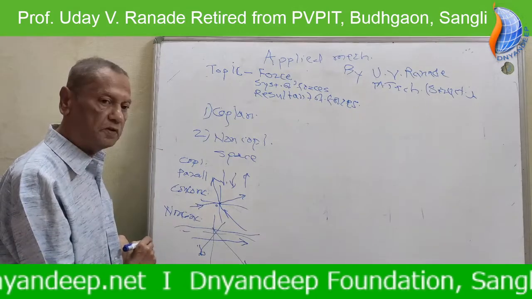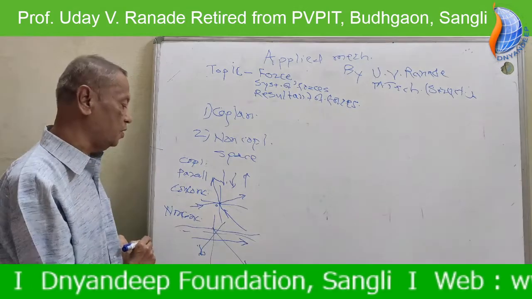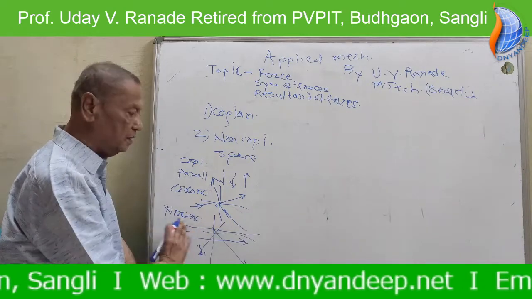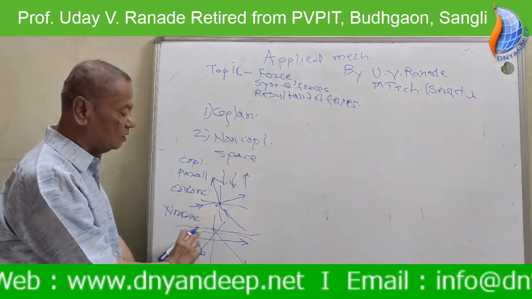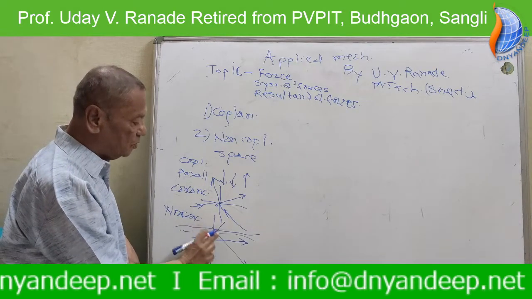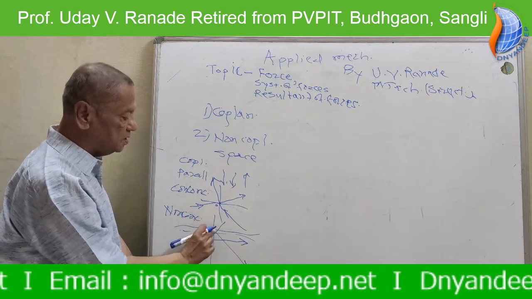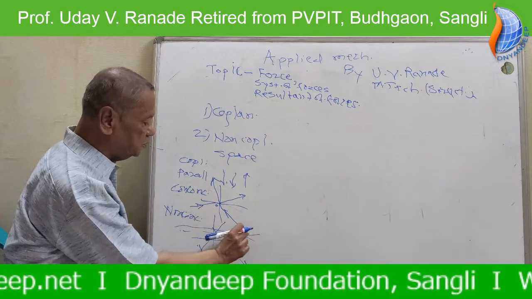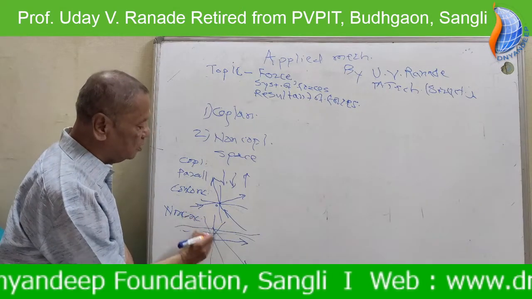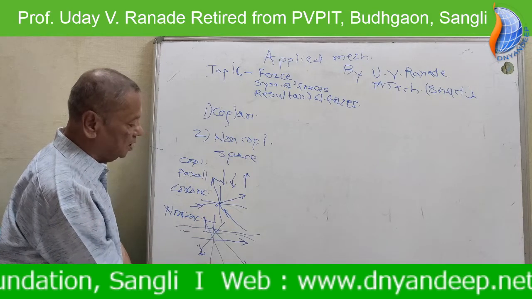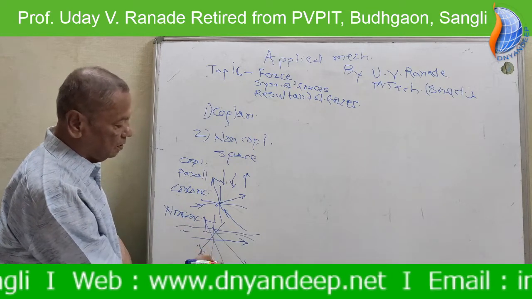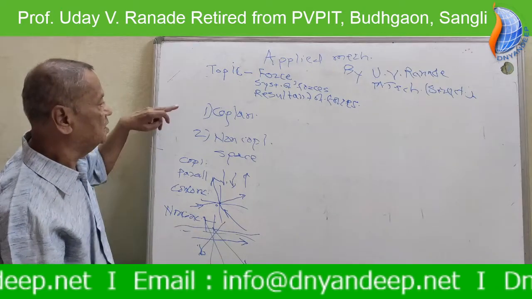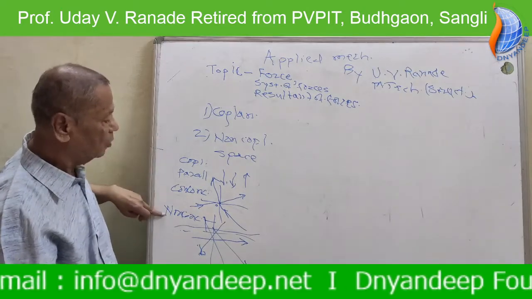No. All forces are not passing through the same point. Therefore, they are called as coplanar. They are in same plane but non-concurrent. If you consider these two forces, it is at this point. But if you consider this point, this force, again this point. Suppose if you consider this force, this is acting or passing through other point. So these are coplanar, but these are non-concurrent.